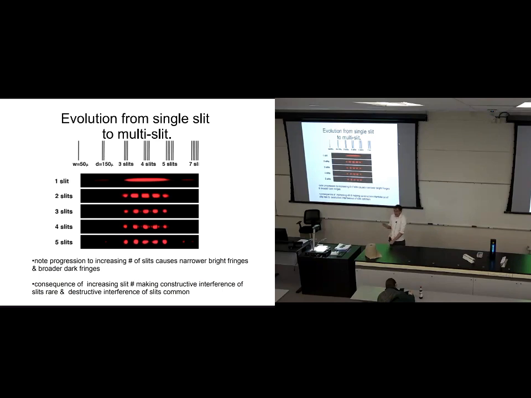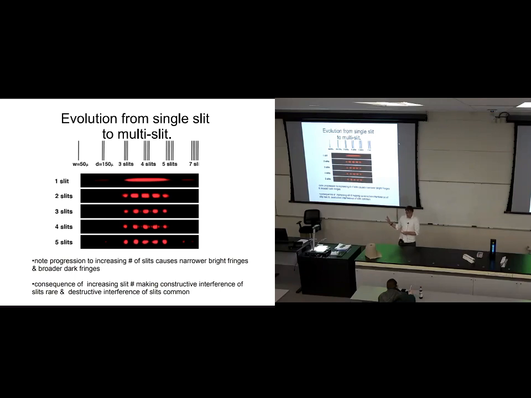But I want to tell you about one overall thing that's happening, which is the key thing that happens when you've got hundreds, thousands, or tens of thousands of slits. The key thing is that the bright spots get more and more concentrated.